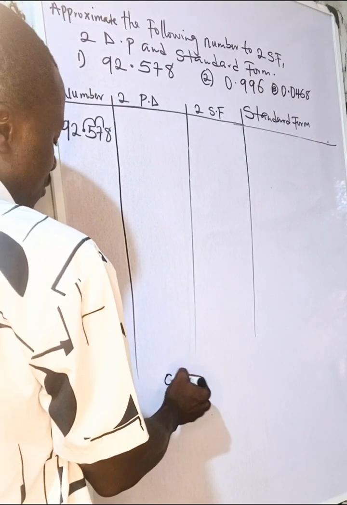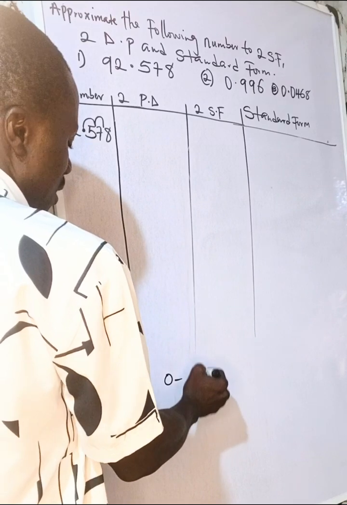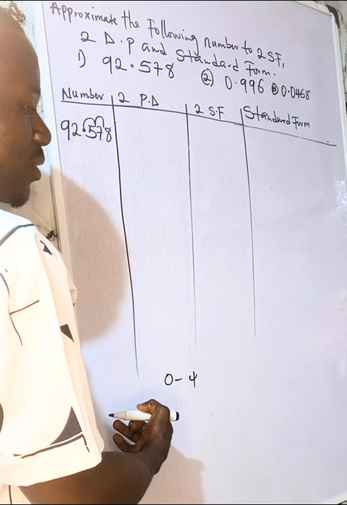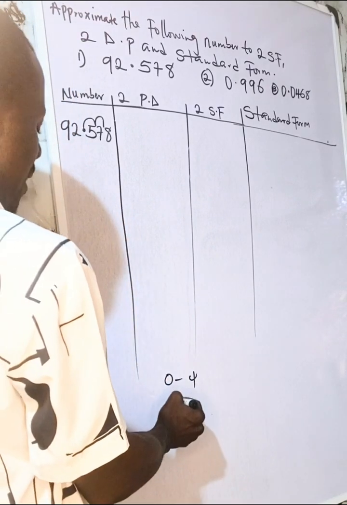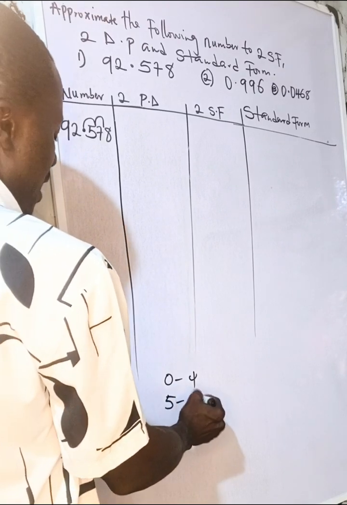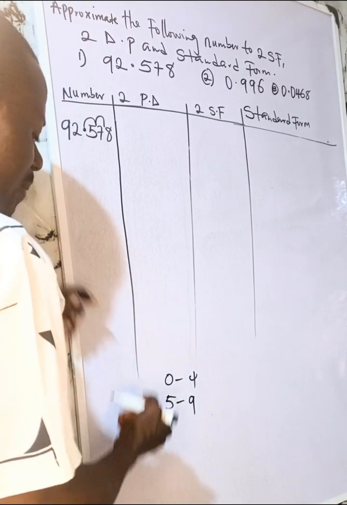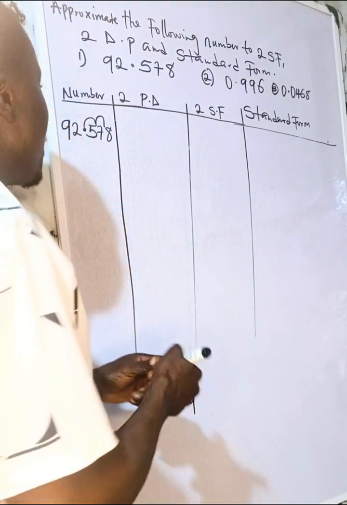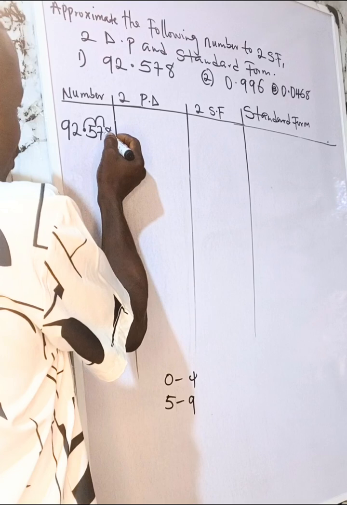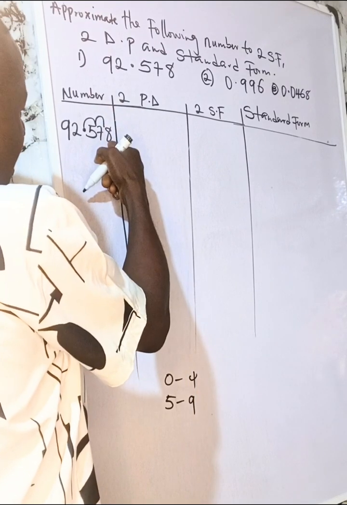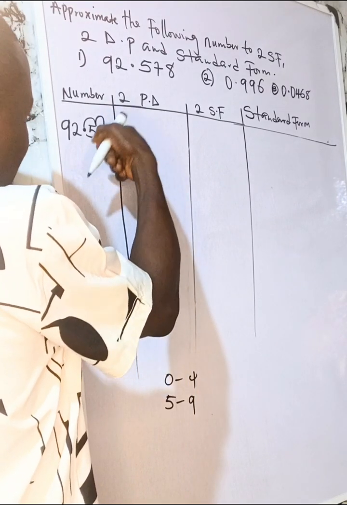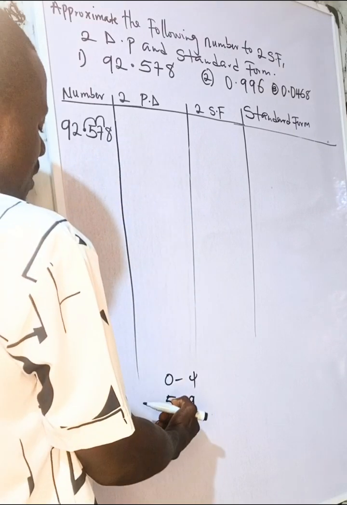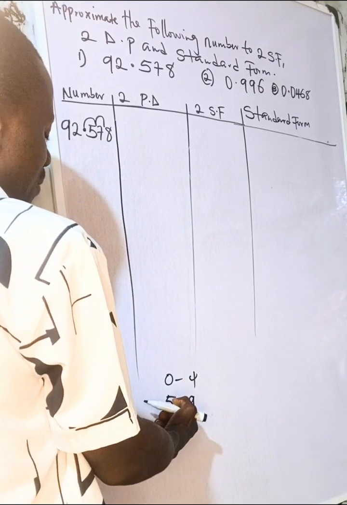Note that numbers from 0 to 4 are not approximatable, they are negligible, while numbers from 5 to 9 are approximatable. So any number that falls here is always approximatable. Since I finished counting in front of 7, the number that appeared after it is 8, which means it belongs to the approximatable side.